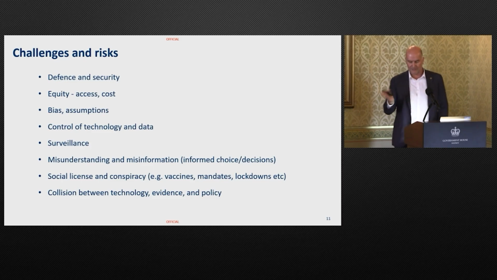I think some of the big challenges are around the control of technology and data, and again, undermining trust, and also the use of some of this information in a surveillance method. There was an amazing paper published a few years ago, where people went around and swabbed the handles on all of the subway stations in New York City and sequenced the DNA they found.